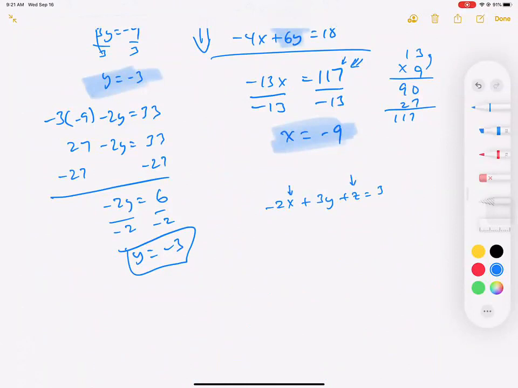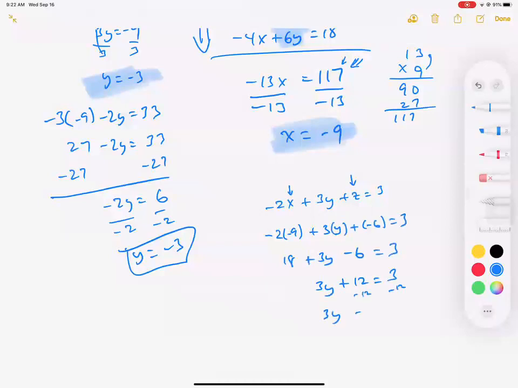But you could. Negative 2 times negative 9, plus 3y, plus negative 6 equals 3. And it will still give us the same answer. 18 plus 3y minus 6 equals 3. That's 3y plus 12 equals 3. 3y equals 3 minus 12, which is negative 9. y is negative 3.